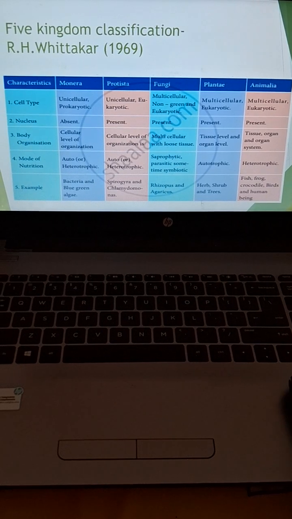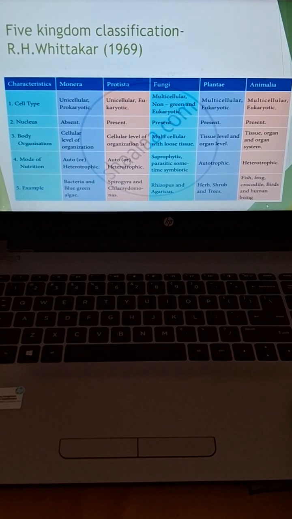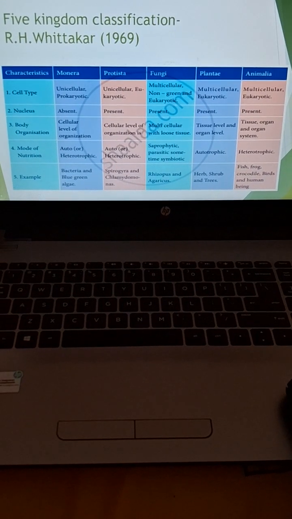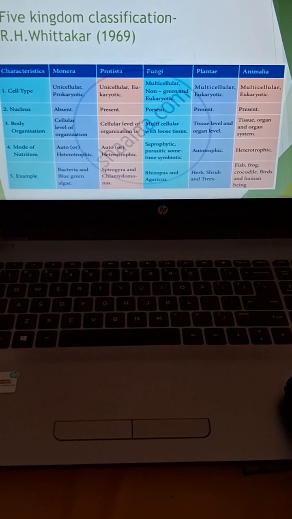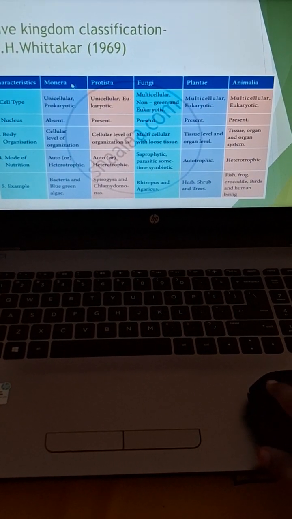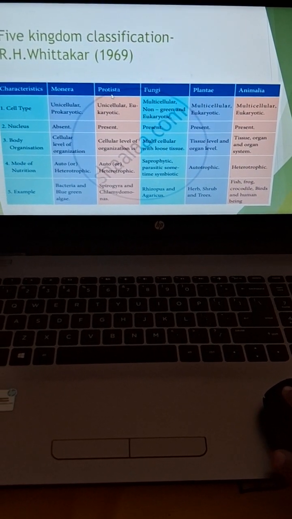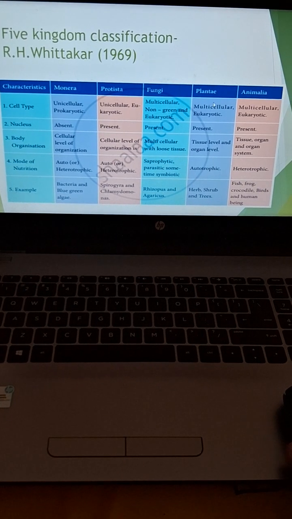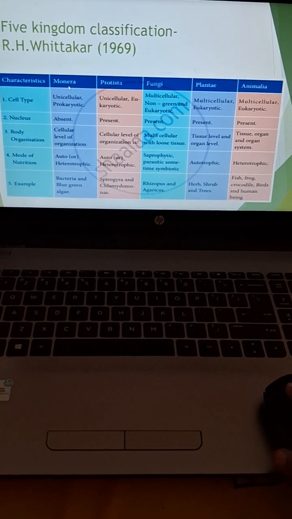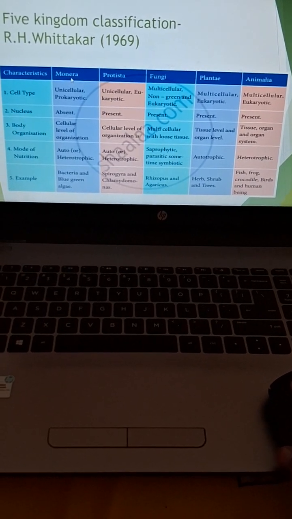So he did the five kingdom classification on the basis of cell type, nucleus, body organization, and mode of nutrition. So first kingdom is Monera. Next is Protista, Fungi, Plantae and Animalia. So five kingdoms. In that, the first one is Monera.